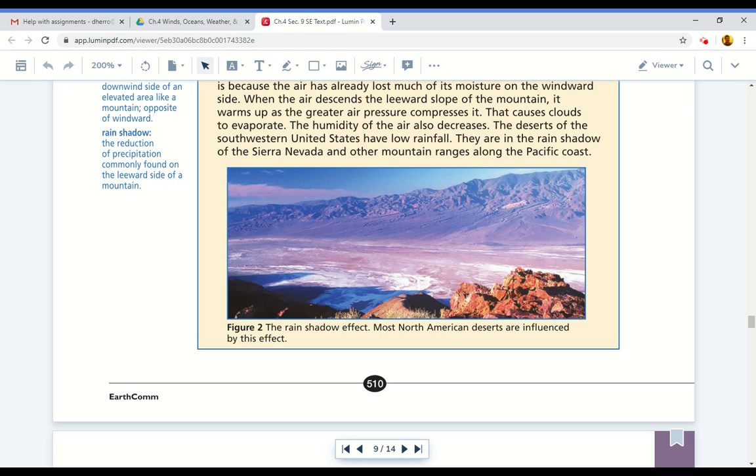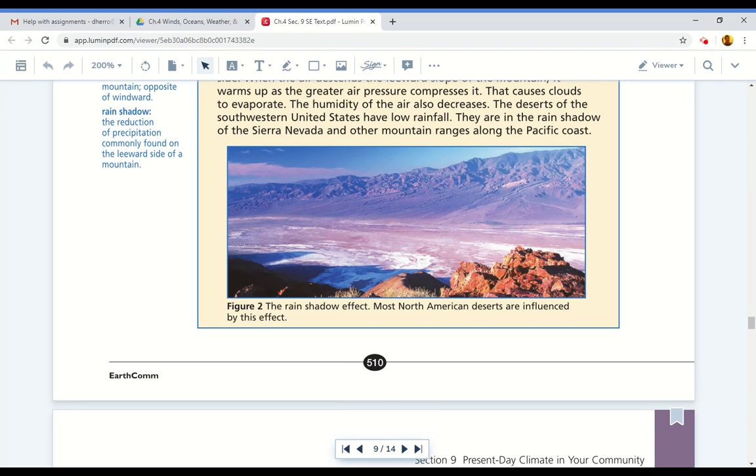That causes clouds to evaporate. The humidity of the air also decreases. The deserts of the southwestern United States have low rainfall. They are in the rain shadow of the Sierra Nevada and other mountain ranges along the Pacific coast.